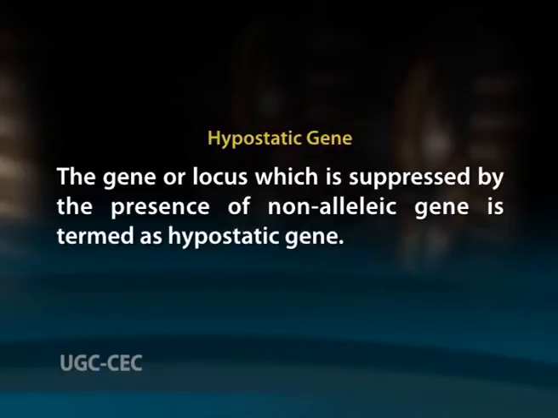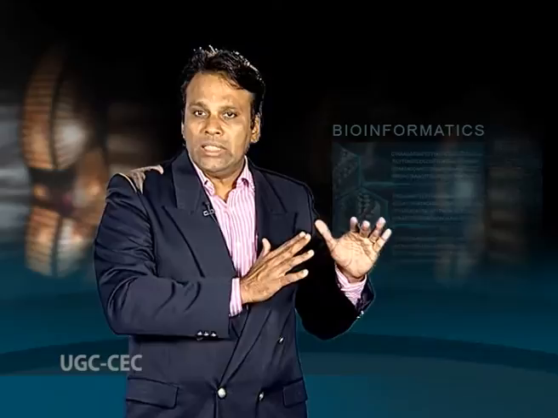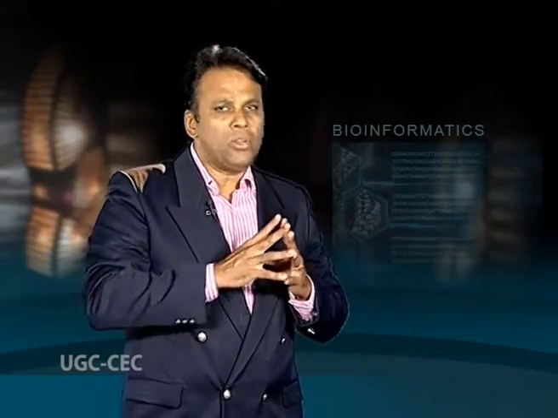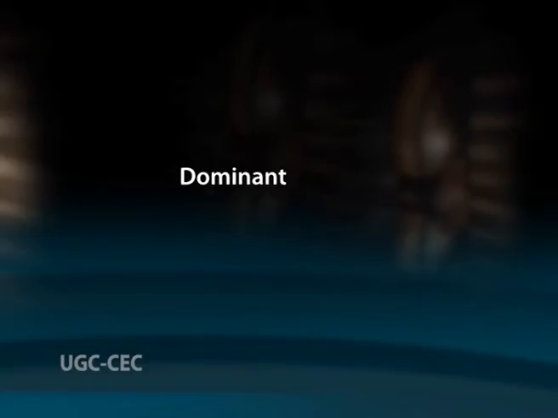The gene or locus which is suppressed by the presence of a non-allelic gene is termed as hypostatic gene. Epistasis interactions arise because these two genes encode proteins that play a sequential role in a biochemical pathway. There are two types of epistasis, dominant and recessive epistasis.